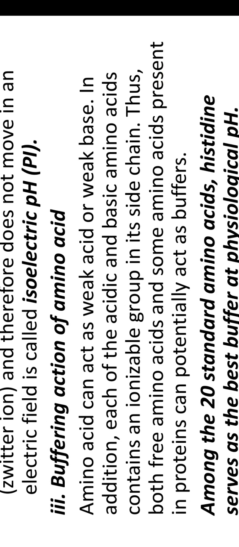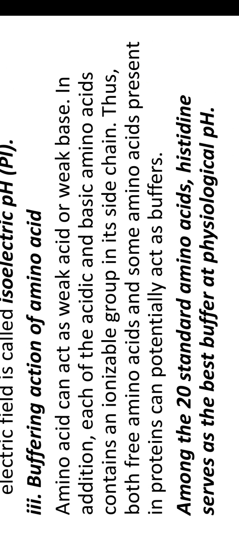Next, we see the buffering action of amino acids. Proteins can act as a buffer in ICF and ECF, intracellular fluid and extracellular fluid, because amino acids having both properties, ampholytes, can act as a weak acid or weak base. In addition, each of the acidic and basic amino acids contains an ionizable group on its side chain.